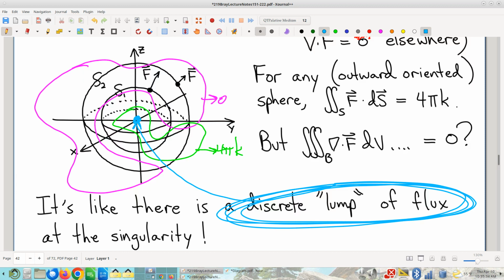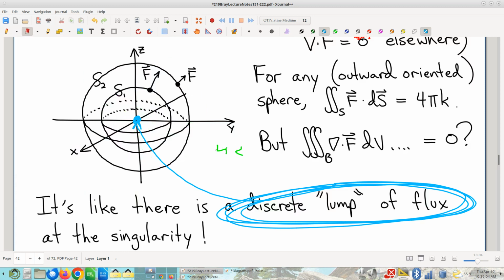There's a lot that has to get said to make this not hand wavy, and y'all may see that in a future class. But anyway, I think it's a neat observation that even though we do have a problem with the way that they're unstated, there is a way to fix it. You just have to recognize that it's as if there is a lump of flux at the singularity. And by the way, here's a pretty believable assertion.